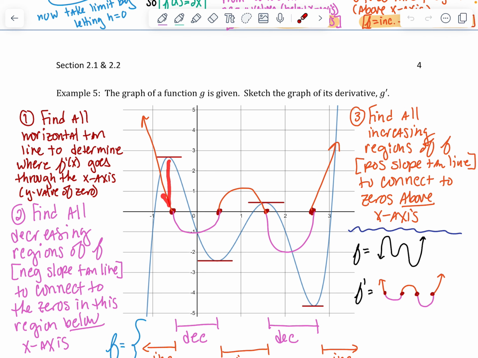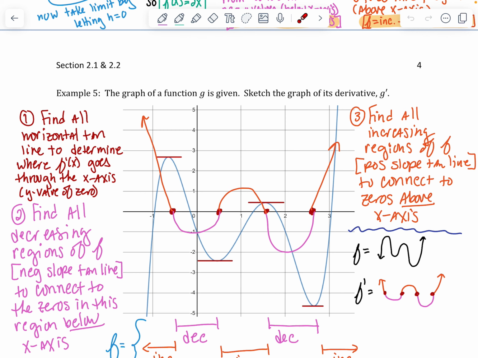So we're going to go directly to the x-axis and draw the first point of our derivative function. And then I'm going to continue to the next, in this case valley, where I have a horizontal tangent line, and I'm going to go directly up to the x-axis where I enter the second point of my derivative function.